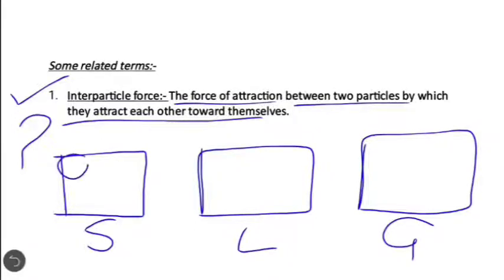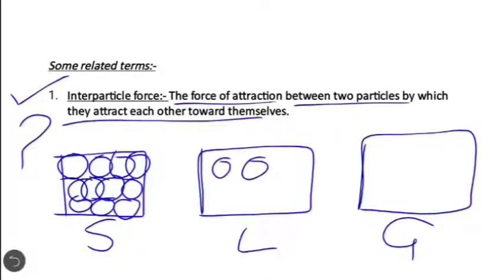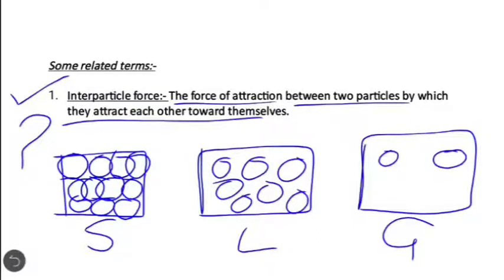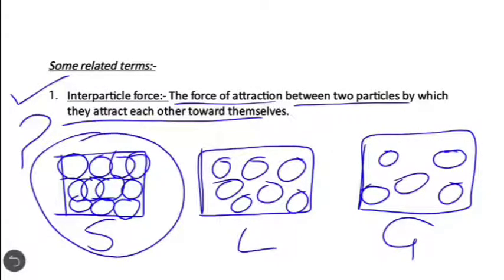Now see, in a solid, particles are very closely packed. In liquids, particles are far from each other. In gases, they are too far from each other, or you can say very loosely packed. So in a solid, particles are too closely packed, which means the force of attraction is maximum.